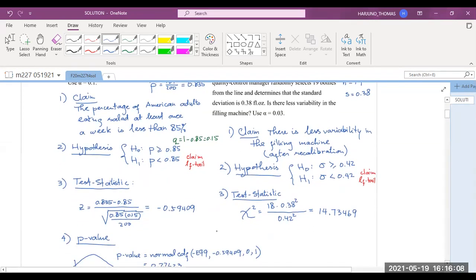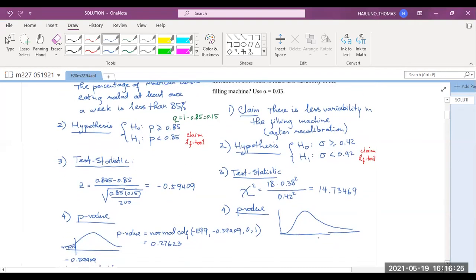Therefore, the p-value. It's a chi-square distribution, right? It's non-negative. Okay, the 14 point something is here, 14.73469. So the p-value is the area to the left of that, right?